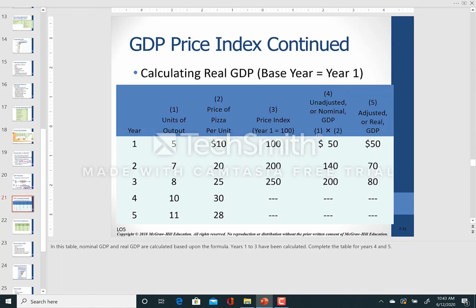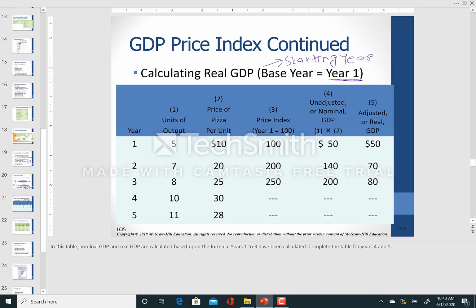Take a look at this slide very carefully. This one's telling me the base year, or other way to talk about the base year, is also the starting year.